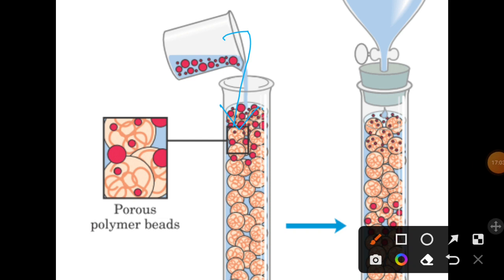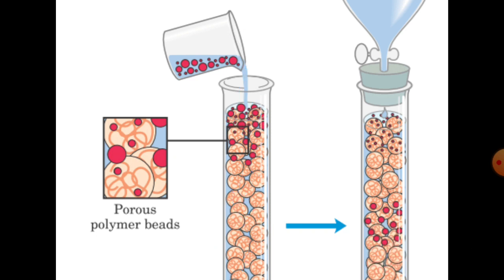Okay, after that the liquid will percolate through the column, and during this separation the protein molecules whose size is smaller than the average pore size of the polymer beads will enter inside the pores. Okay, and as a result they become entrapped and separated from the liquid phase.